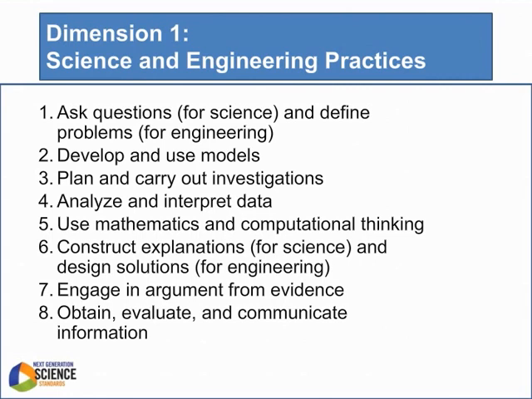In science, typically we're using that to find a cause and effect relationship. A lot of times in engineering, when we're planning and carrying out investigations, we're trying to learn something about some materials that we might use in our solution. So the practice is very similar in science and engineering, but there just might be a slightly different lens that we're using for those practices.